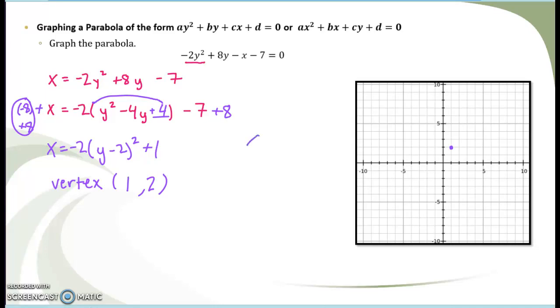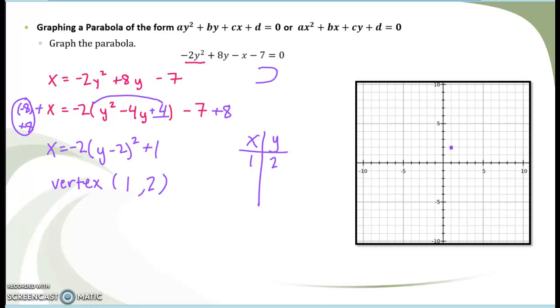Now because I have an x equals equation, when I'm trying to find points, I'm going to pick points for y. Alright, this tells me that it's going to open left or right, but the negative says it's going to open left.